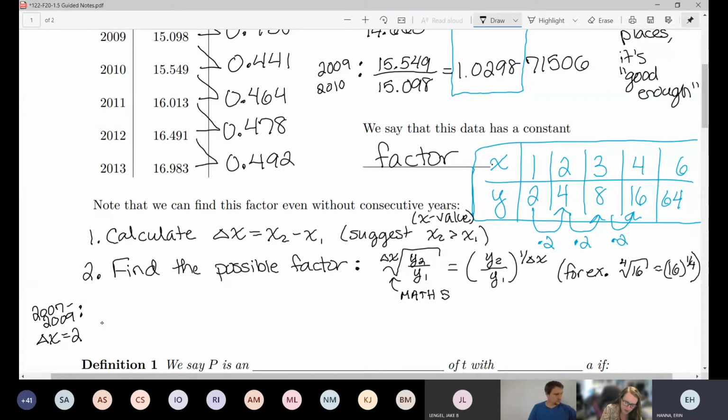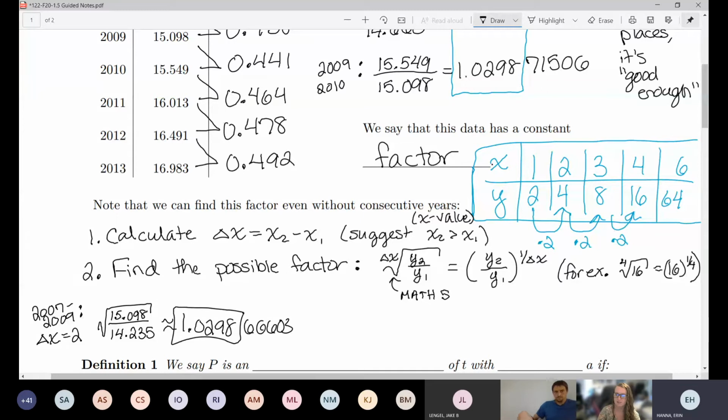So what I'd be finding is the square root of the population in 2009, 15.098, divided by the population in 2007, which comes out to approximately 1.029866603, but up to those 4 decimal places it's the same as what we were finding before.